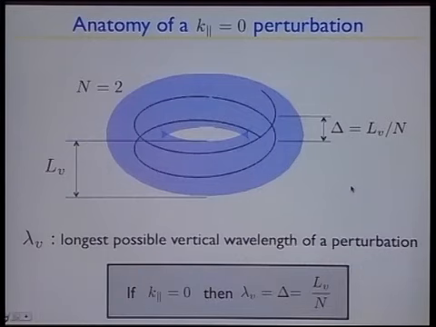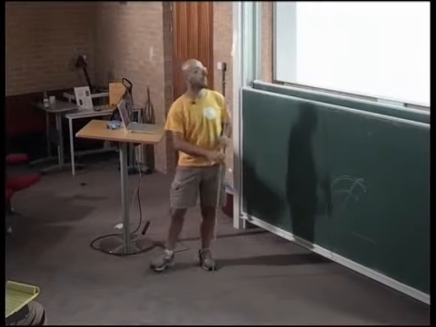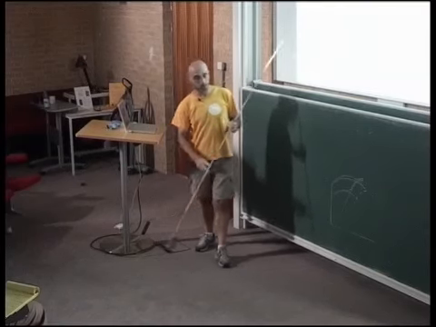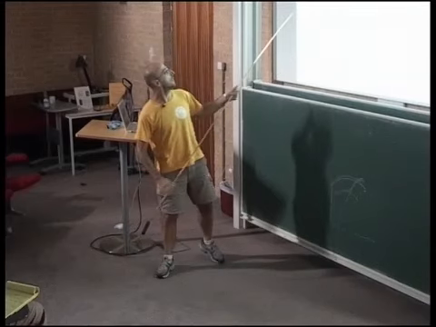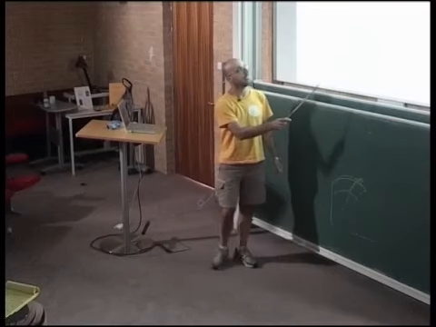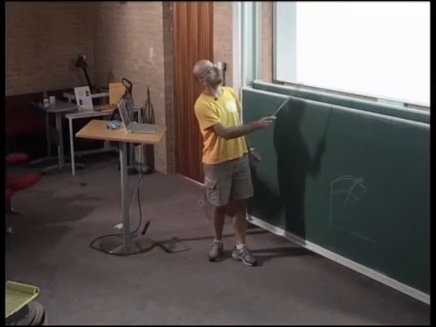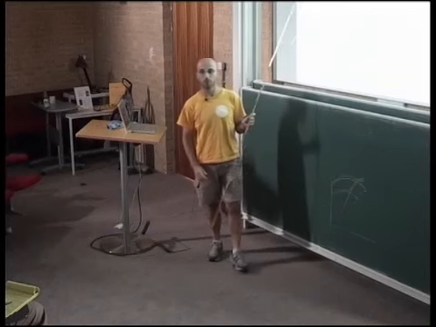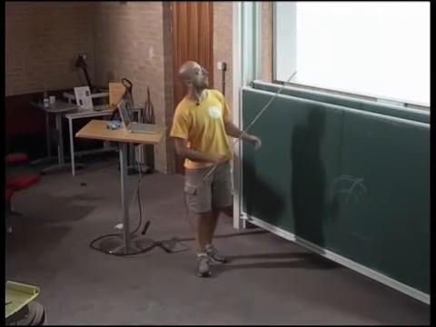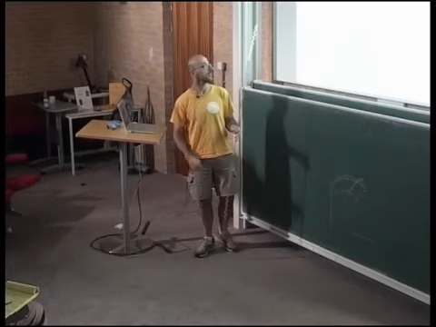Now, what does a k parallel equal to 0 perturbation look like in a configuration like TORPEX? Well, let's introduce a couple of notations. One is LV, the full height of the device, and the other one is delta, which is the return distance of a field line on the poloidal plane. Delta is equal to LV, the full height, divided by n, the number of field line turns.